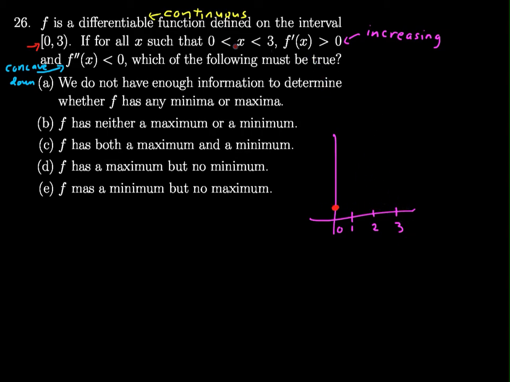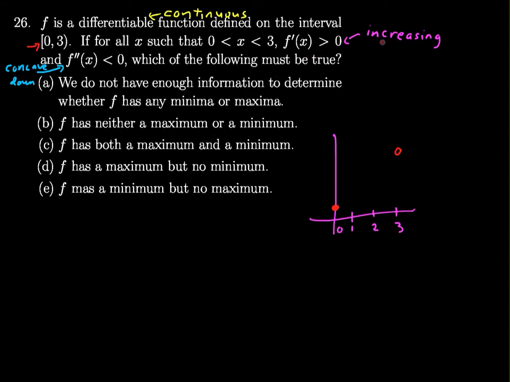But I do see that f prime of x is greater than 0. It has to be increasing, and so if it's always increasing, I know that f of 3, if it were in there, or f close to 3, would have to be above f of 0. So I'm just going to draw this, but it's not included. We have an open circle here.